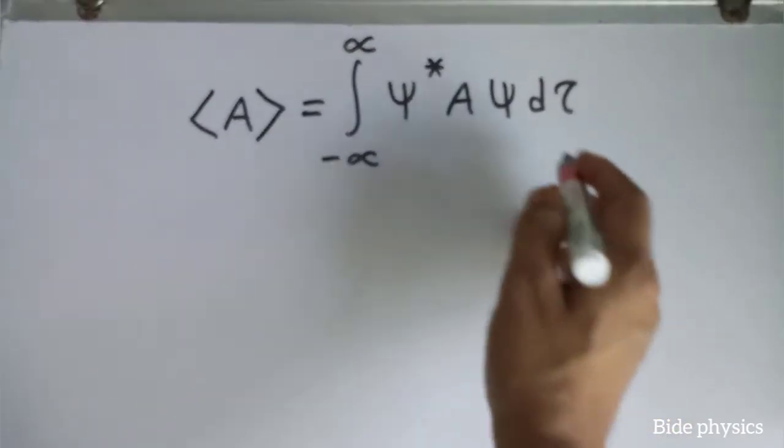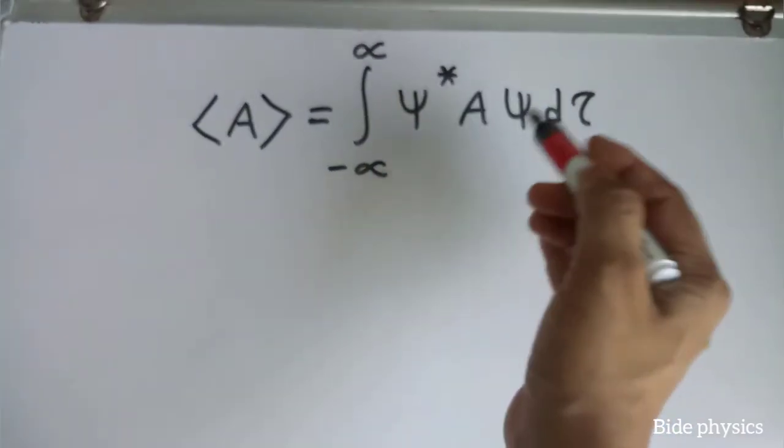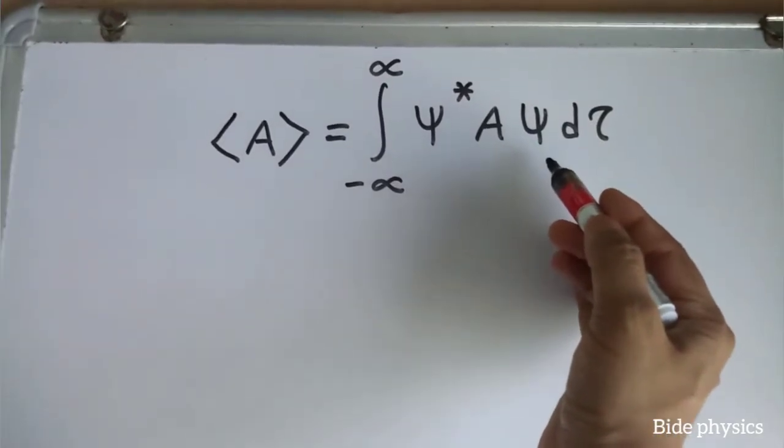And psi star is the complex conjugate of the wave function psi. Now here we consider that the wave function psi is a normalized wave function.